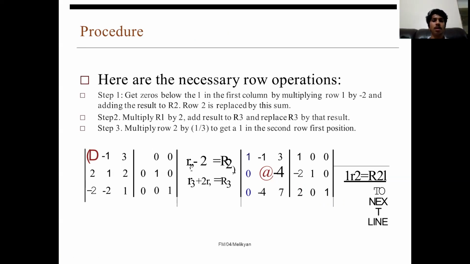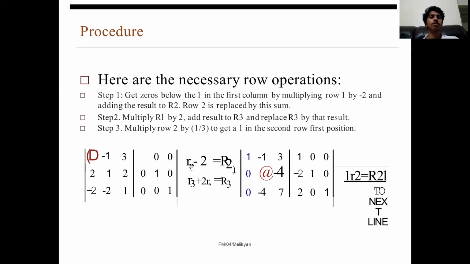Procedure. Here, the necessary row operations are: Step 1. Get the 0 below 1 in the first column by multiplying row 1 by -2 and adding the result to row 2. Row 2 is replaced by this sum. Step 2. Multiply R1 by 2, add the result to R3 and replace R3 by that result.